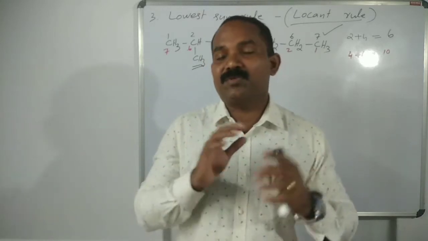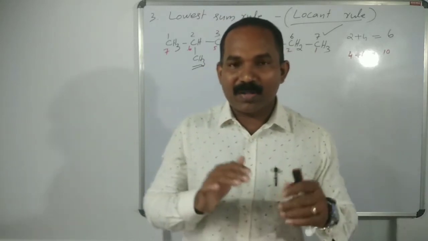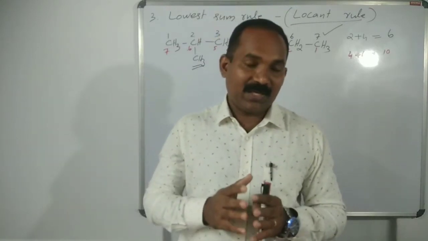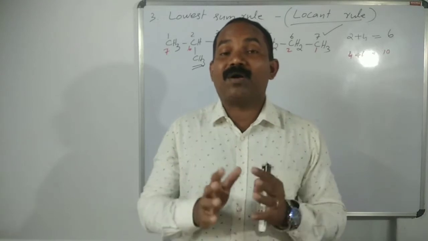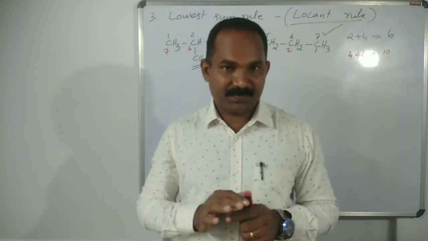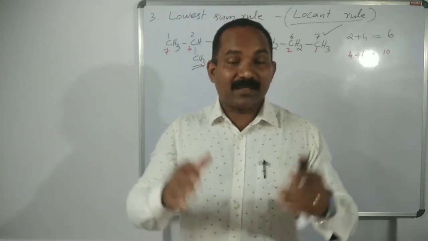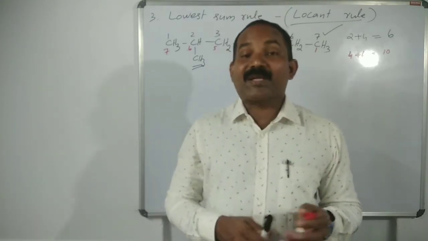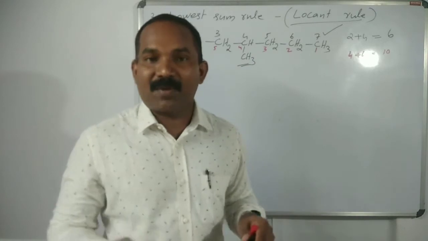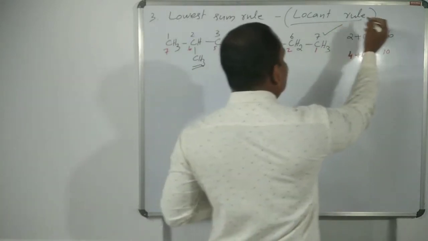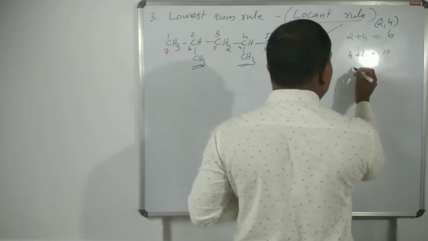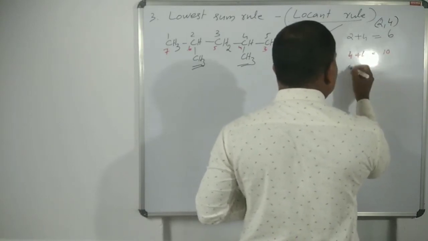Locants means substituents. And that's why nowadays it is called the locant rule. We consider the set, not the sum. In this case it is 2, 4; in the other case it is 4, 6.